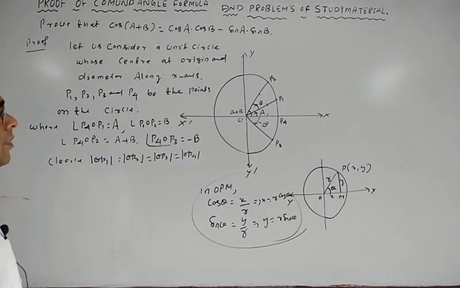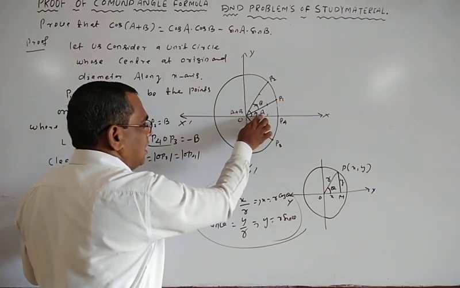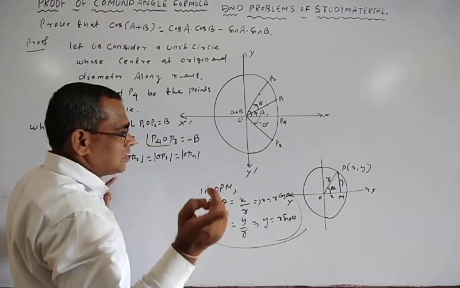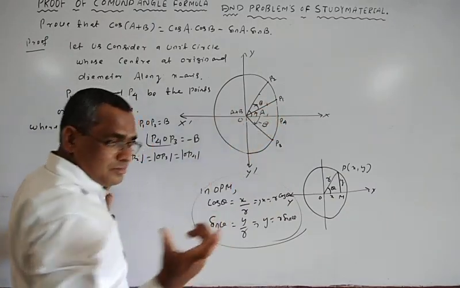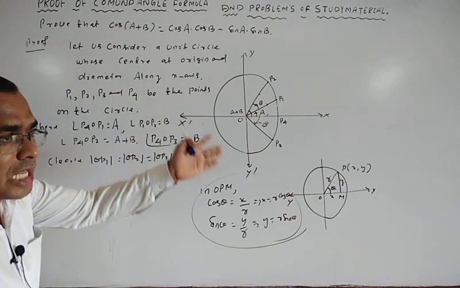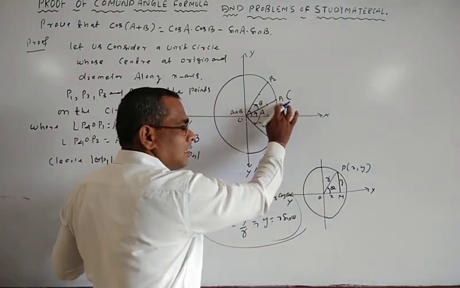So clearly OP1 makes an angle A with the positive direction of the x-axis. That means here theta is equal to A and r is 1, because we take the unit circle.